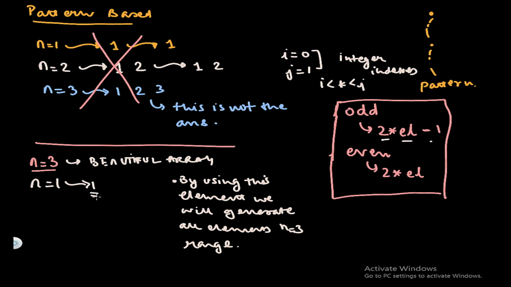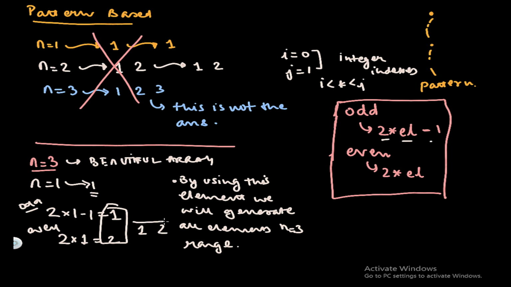Here the element is 1, so 2 times 1 minus 1 is 1. For even we have 2 times 1, which is 2. Now the answer is 1, 2. But the size of the array is only 2 yet. We have to go till 3.